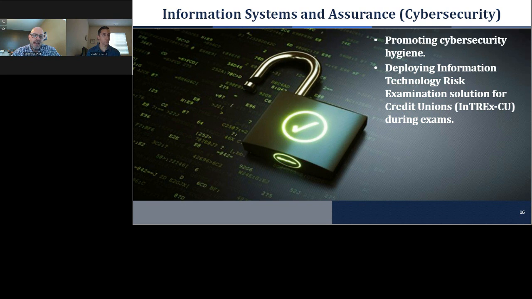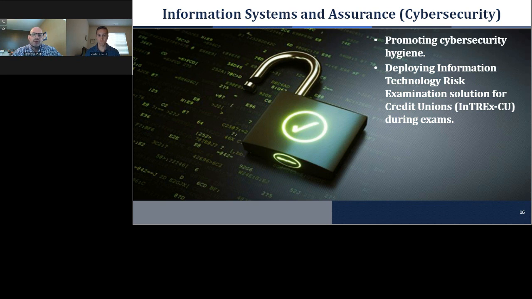So INTREX-CU. And what that does is it really harmonizes the IT and cybersecurity procedures for an exam that are shared by the FDIC, the Federal Reserve System, and many of the state regulators.